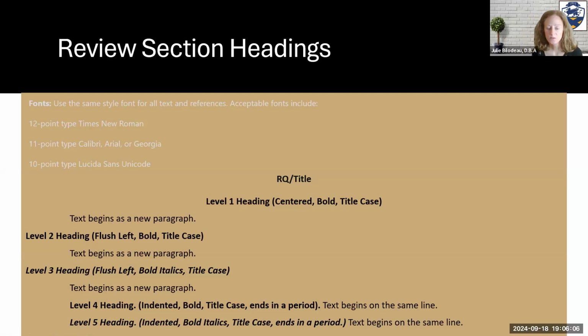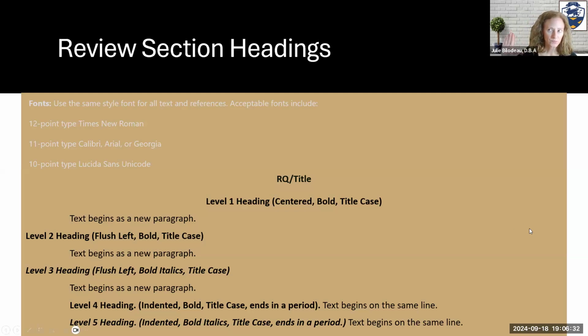So this is what your heading structure should look like. You have your research question or your title, and the research question can serve as your title. That's fine. For this course, I don't mind whether you capitalize each major word or just put it in regular sentence question form. I don't particularly care about that for this course.